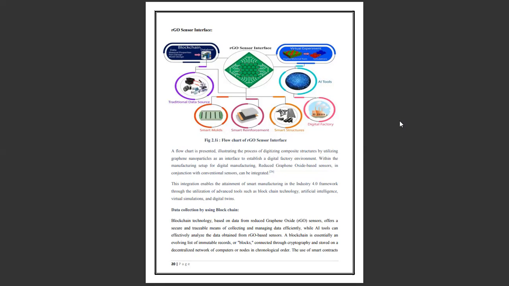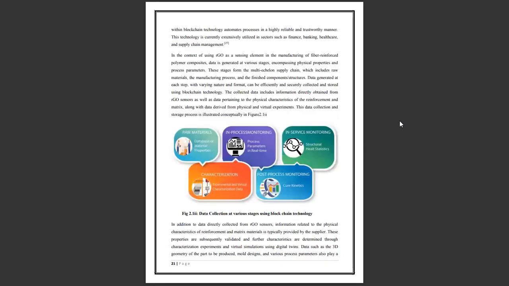The use of smart contracts within blockchain technology automates processes in a highly reliable and trustworthy manner. This technology is currently extensively utilized in sectors such as finance, banking, healthcare, and supply chain management. In the context of using RGO as a sensing element in manufacturing of fiber reinforced polymer composites.